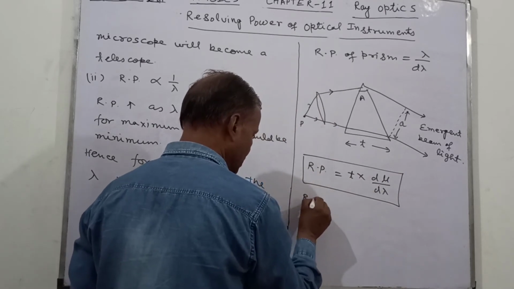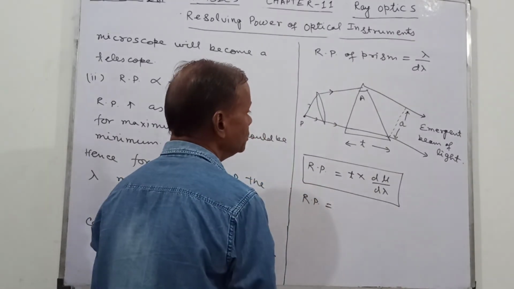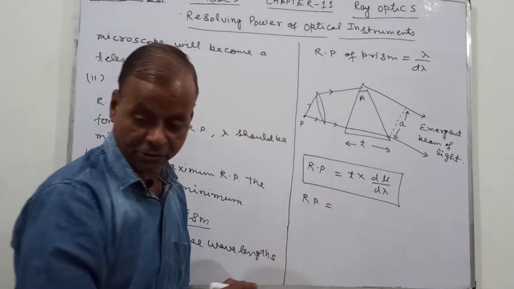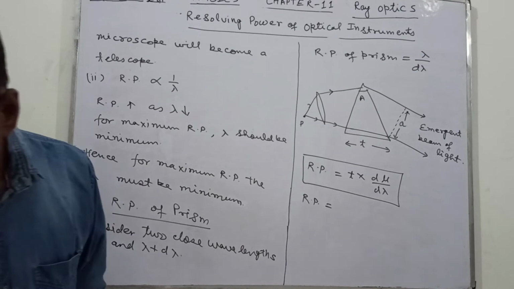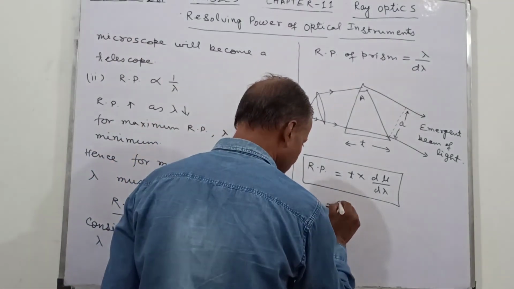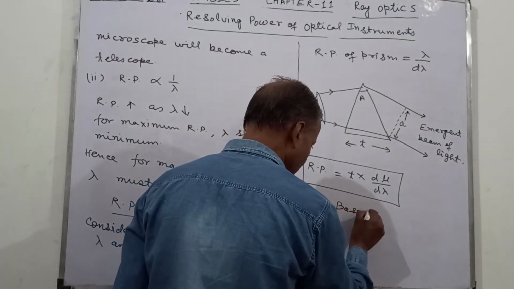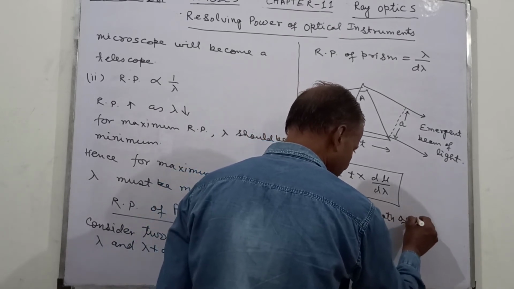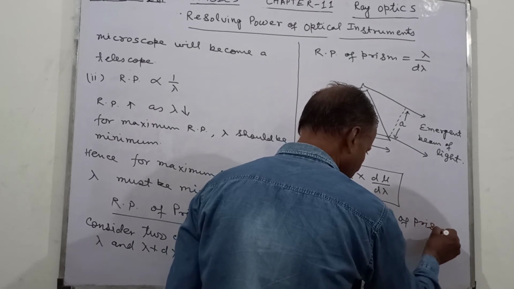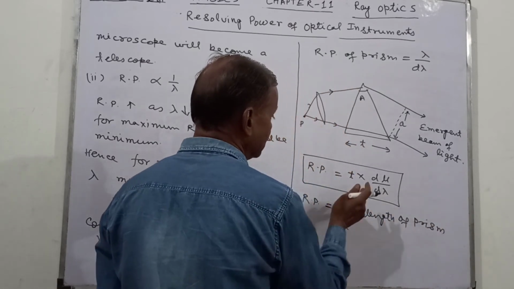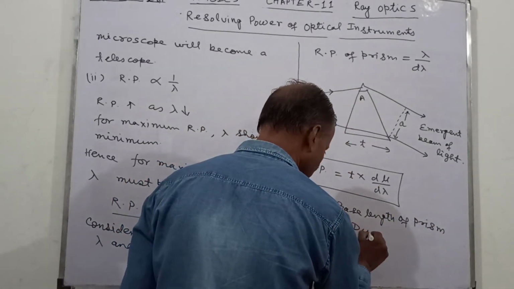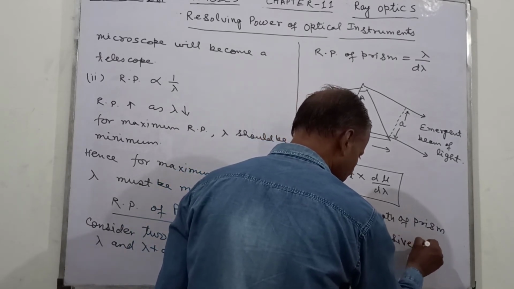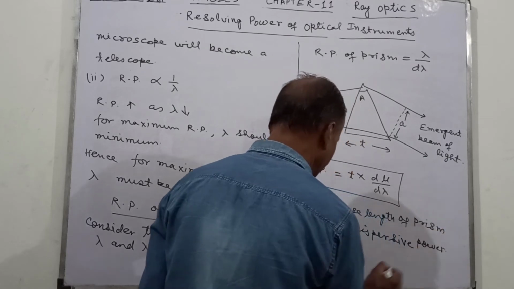Or this Rp is equal to the width of the base, or simply the base length of prism, into the dispersive power.